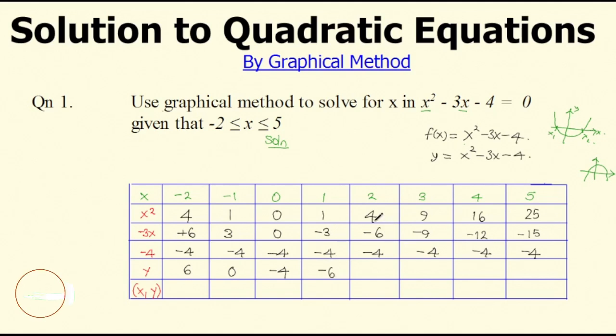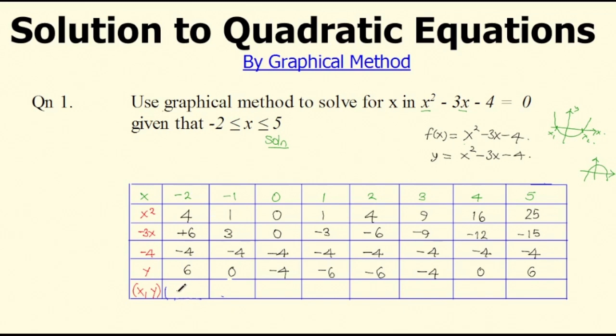And then we move on, 4 positive and 4 negative cancel, meaning we also have negative 6. And then 9 positive and 9 negative will neutralize, and we have here negative 4. We move on, 16 minus 12, we get positive 4, and then minus 4, that is 0. And then 25 minus 15, we get 10. 10 minus 4, we also get positive 6.